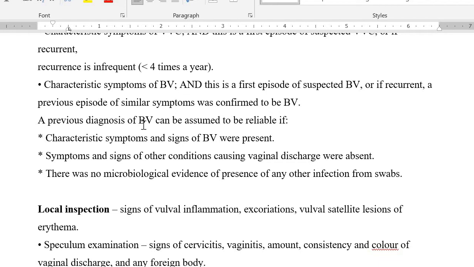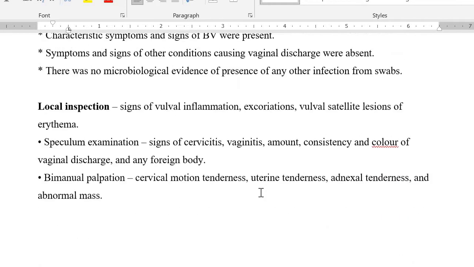A previous diagnosis of BV can be assumed to be reliable if the patient has signs and symptoms which are specific to BV. Symptoms and signs of other conditions causing vaginal discharge were absent. There was no microbiological evidence of any other infection from the swabs.